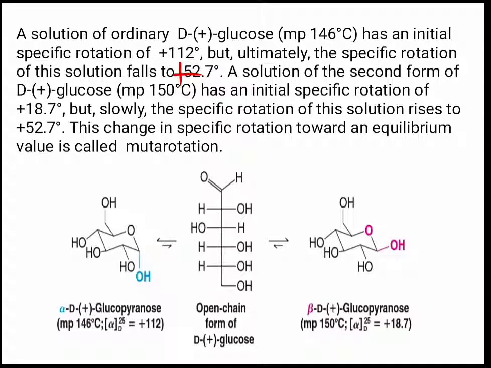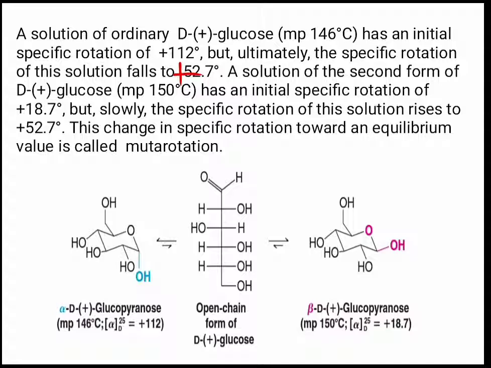A solution of the second form of D-glucose, which has the melting point 150 degrees centigrade, has an initial specific rotation of +18.7 degrees. But slowly the specific rotation of this solution rises to +52.7 degrees.